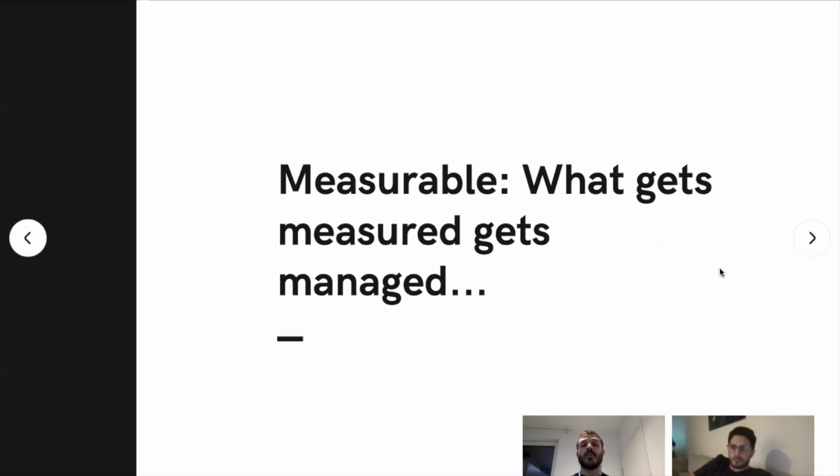Then measurable, right? What gets measured gets managed. Me saying I want to lose weight, that's kind of measurable already, because even though I'm not saying how much I want to lose, if I weigh myself every week, I can tell how much I've been losing, right? But if I say I want to be leaner, well, that's broad. So how can I measure being lean? That's why, when you want to make sure that it's specific, it's also measurable.